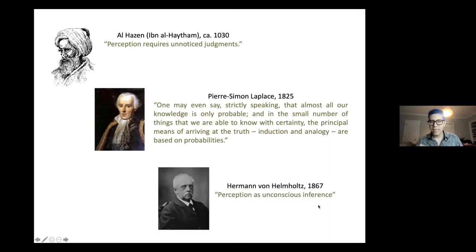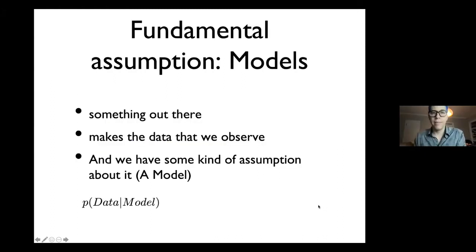And finally, there's the work of Hermann von Helmholtz, who says that we should think of perception as unconscious inference, where inference means that we basically solve this probabilistic problem of the world makes something that I have, what can I in turn say about the world outside?